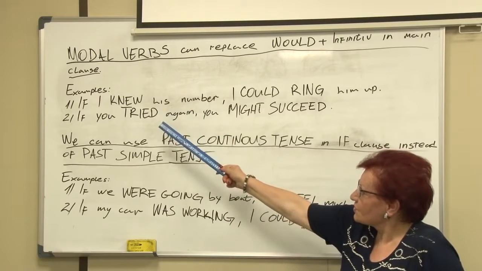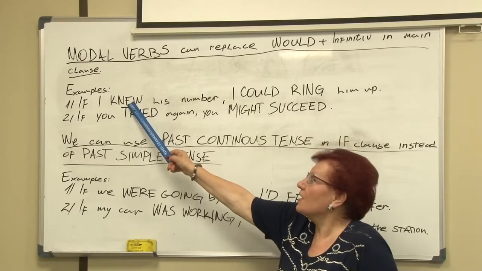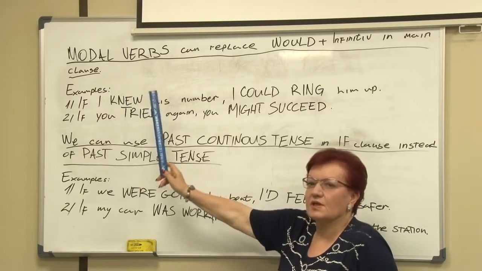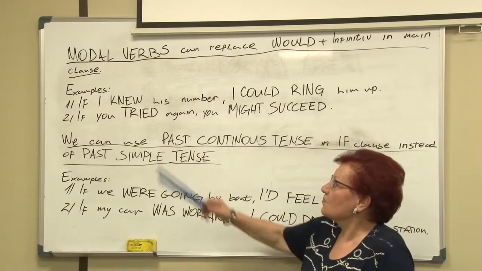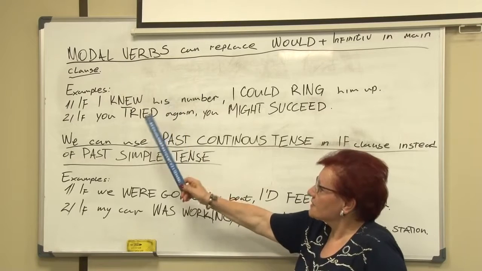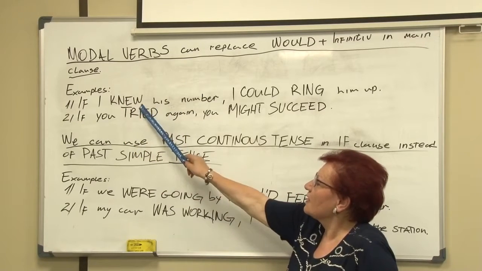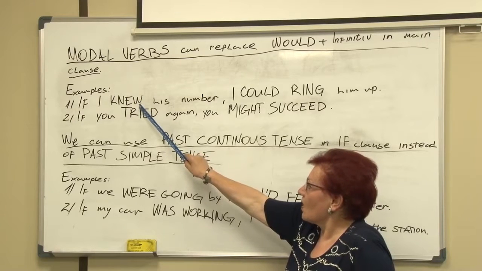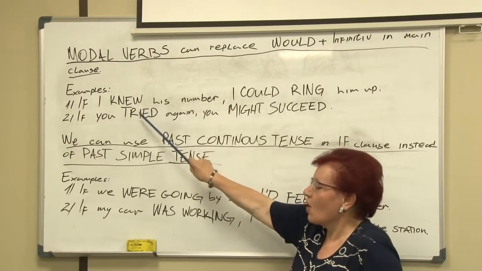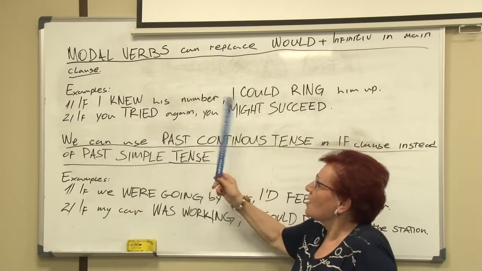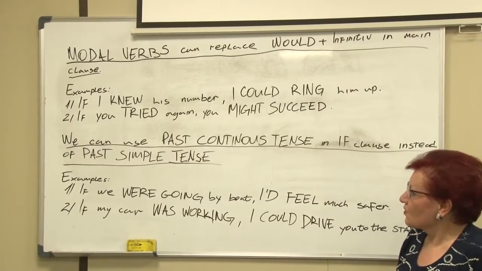In the if clause, you can observe that the first verb is irregular. It is knew in past simple tense, and in the present tense it is know. In the second sentence we have a regular verb. Again, it was originally try in the present, with y changing to i, the same as in the word study that we already have.